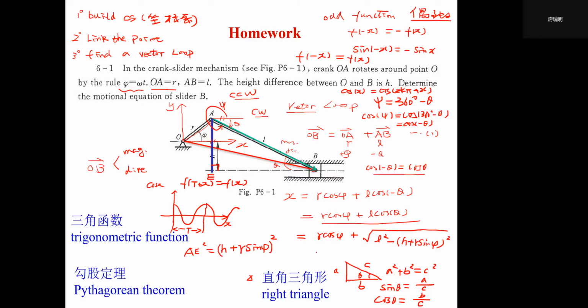The final result is R cosine omega t plus the square root of L squared minus H plus R sine omega t, squared. That's how we get the final result. I hope you guys can understand.